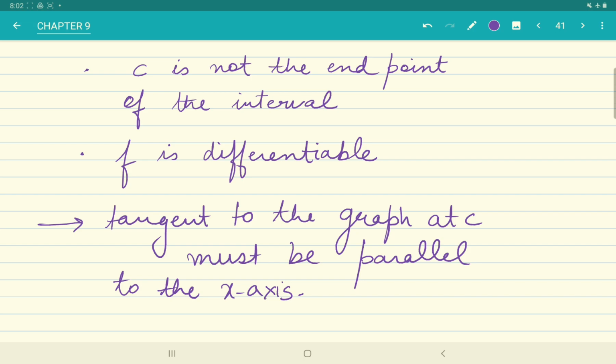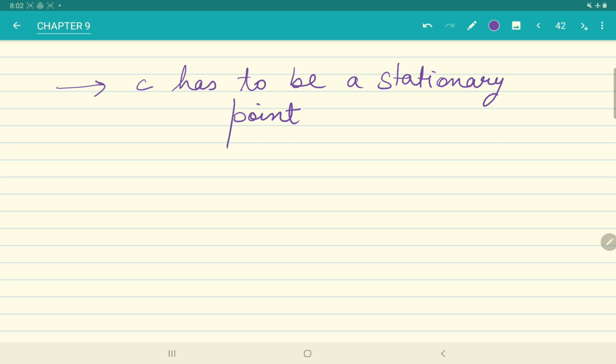That means this condition that C is a stationary point, or f prime C is equal to 0, is something which is necessary for the interior point C. This condition is necessary for an interior point C at which f prime exists, and this condition is necessary for that point to be an optimal point.